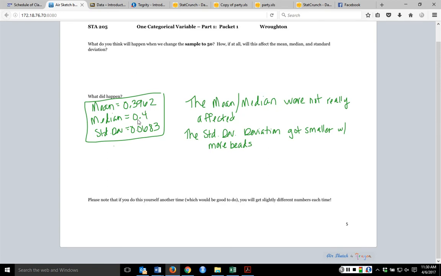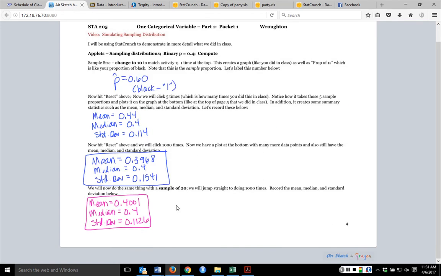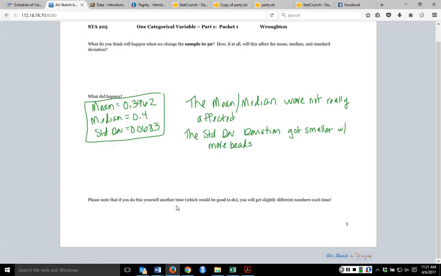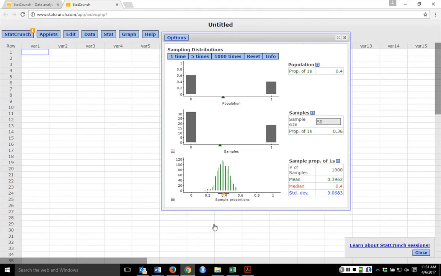Notice that I'm pretty accurate, right? We know 40% of the beads are black, and we're getting that mean and median right around that 40%, regardless if I only sampled 10 beads or 20 beads or even 50 beads. But we're getting a very different standard deviation. What does that different standard deviation really mean? So right, we took different samples and you got different numbers each time. How far off from that 40% can we expect to be?